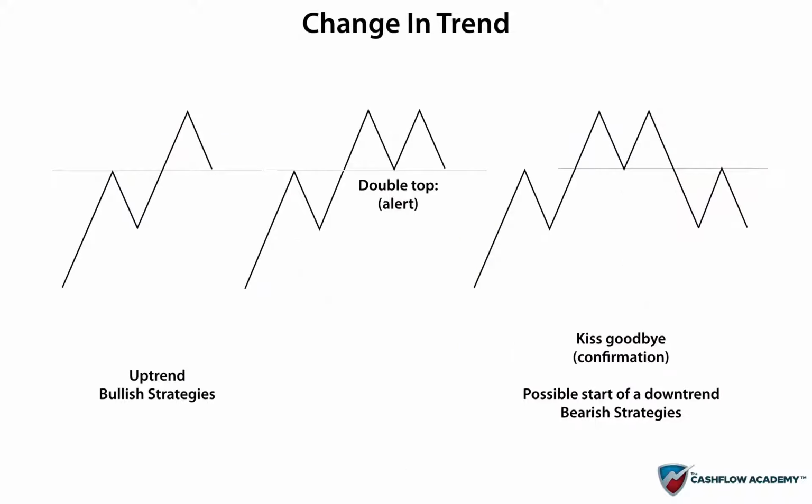So when you look at this particular chart here, at this point, the stock could do several things. It could go higher. It could come back and hit here. It can go back. This is a kiss goodbye, right? And these chart patterns are what we see. And our ability to recognize these is what a change in trend looks like.